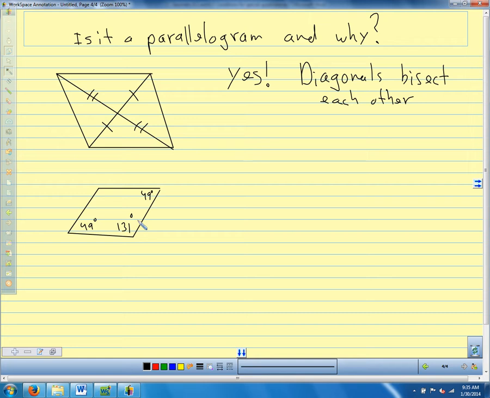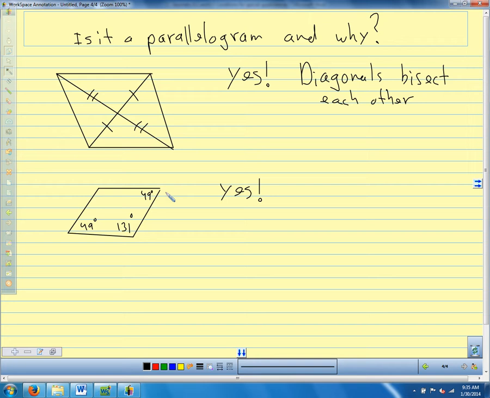Is that shape a parallelogram? Yes? We're going to say yes. And why? Okay, is one pair of opposite angles congruent enough to show that we have a parallelogram?